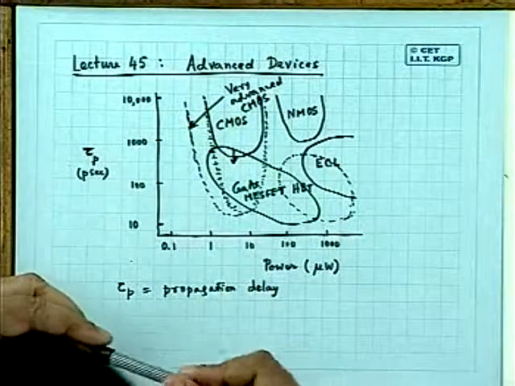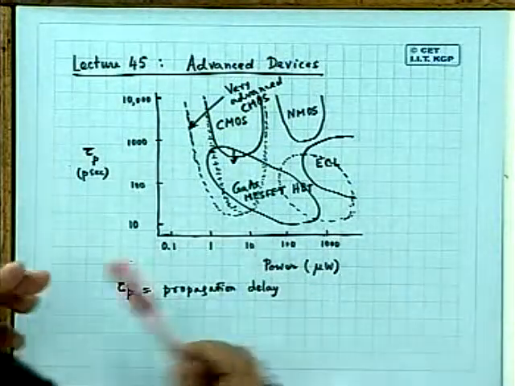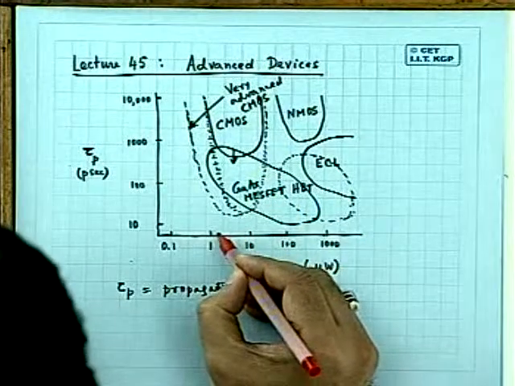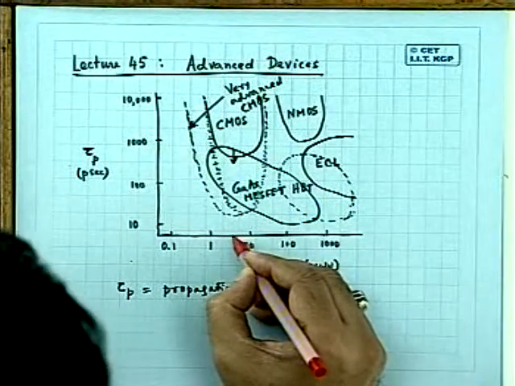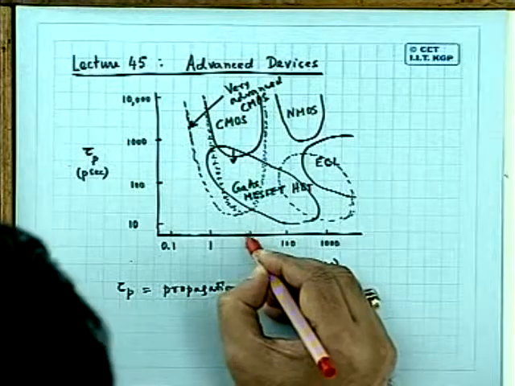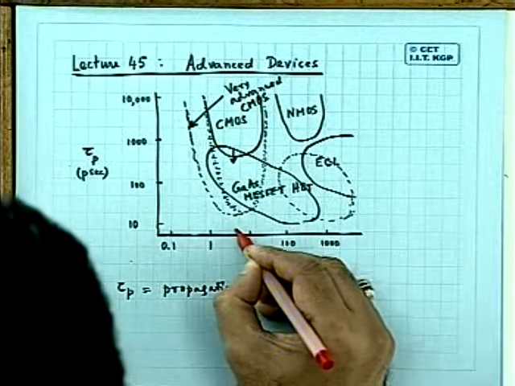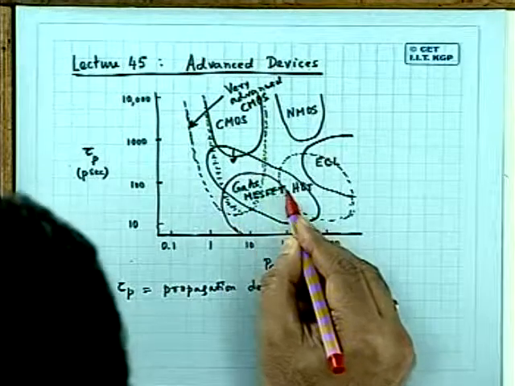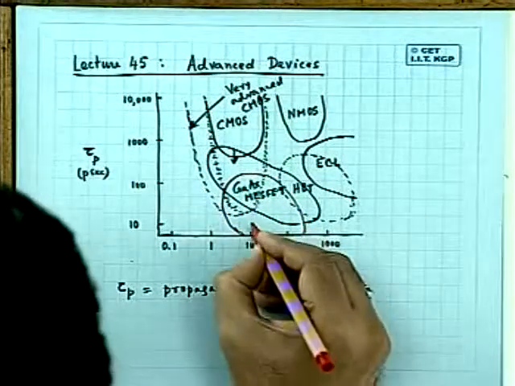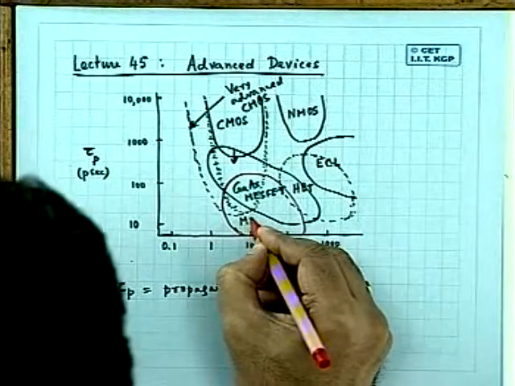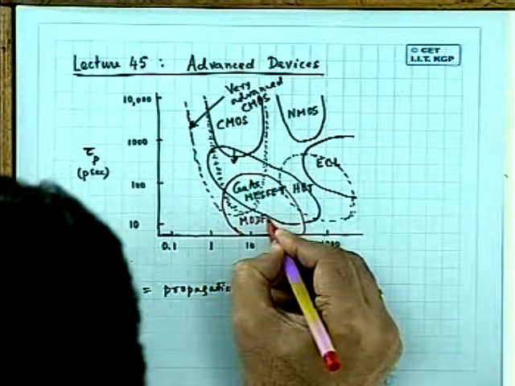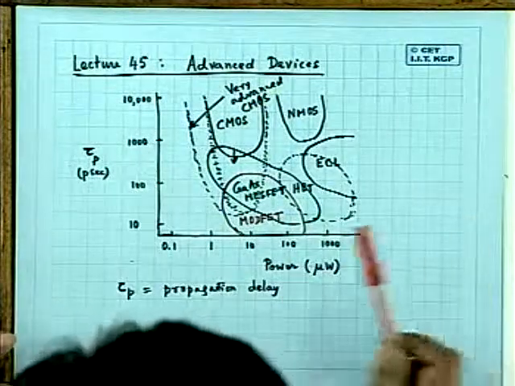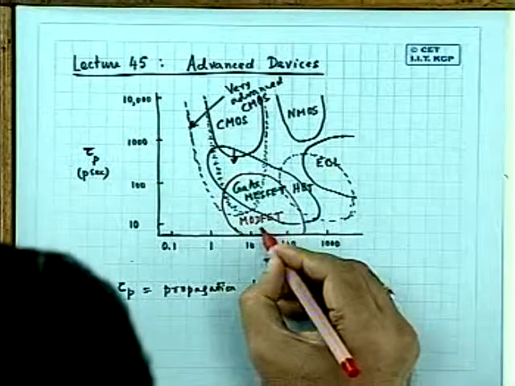Whereas the other device which came simultaneously after the development of MESFET is called MODFET, and that was somewhere here. This is your MODFET, or modulation doped field effect transistor, or sometimes also called HEMT.